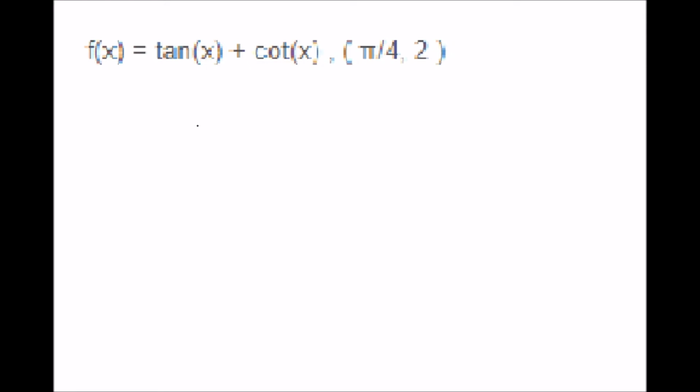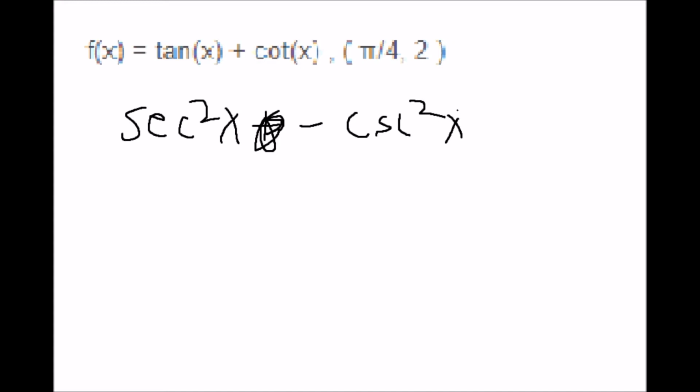So we'll take the derivative of this function. So we have secant squared x minus cosecant squared x. Excuse me. So we have our derivative.